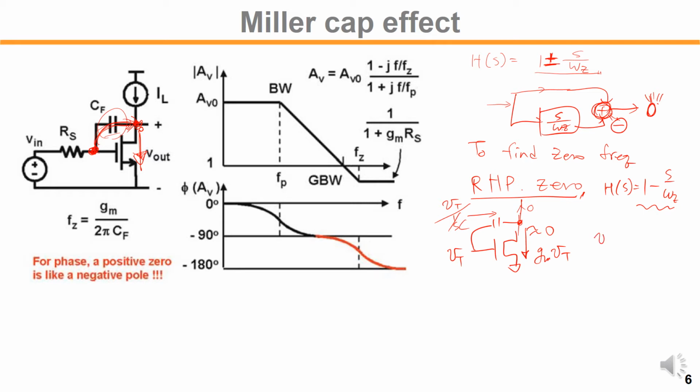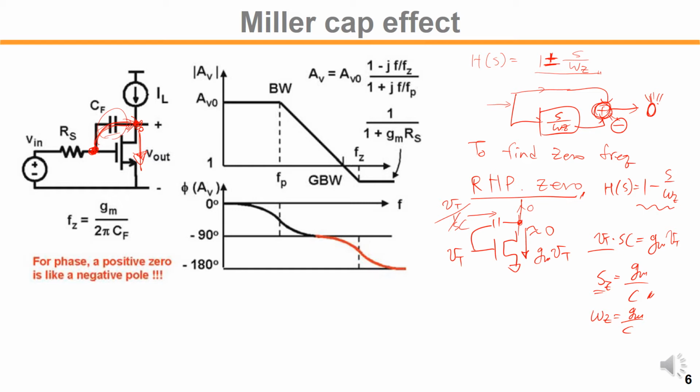So VT times sC equals gm VT, so s will be gm over C. So the zero frequency is gm over C, so omega_g would be gm over C.